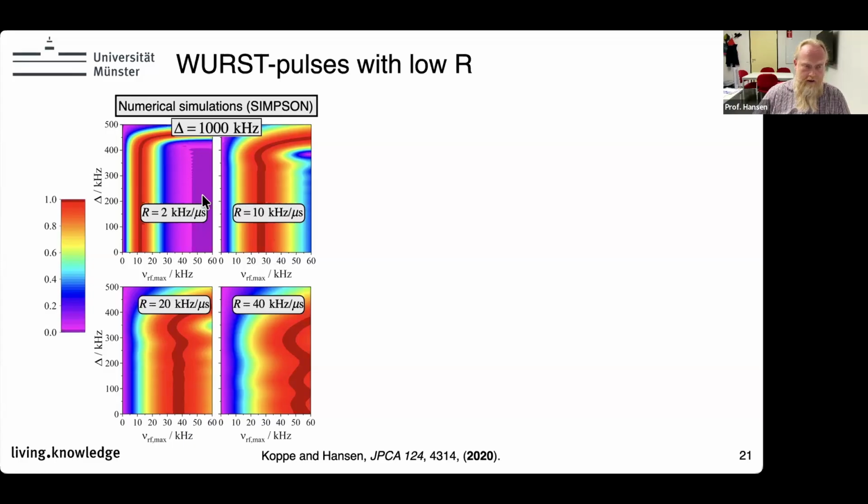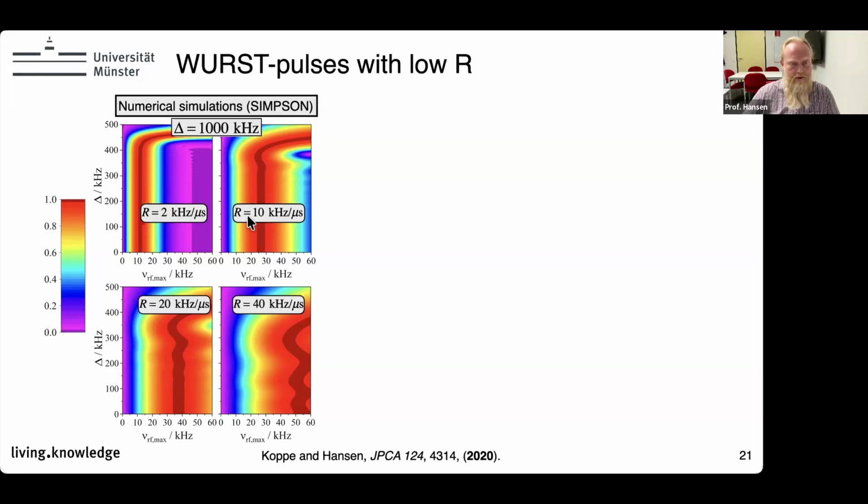And again, here you can see the different rates for the WURST pulses for a fixed bandwidth of 1 kilohertz. You can see if you take the 50 microsecond one, the shape is not really ideal. The 100% or perfect excitation doesn't extend very well.